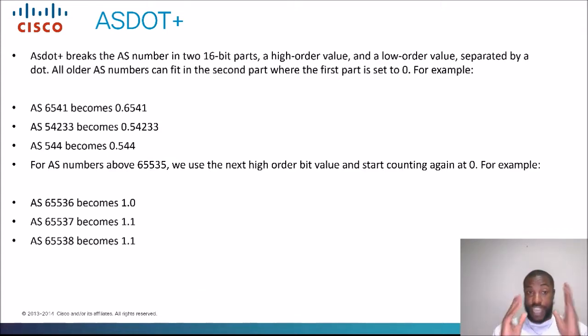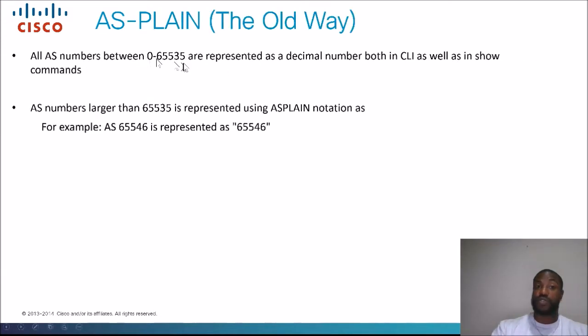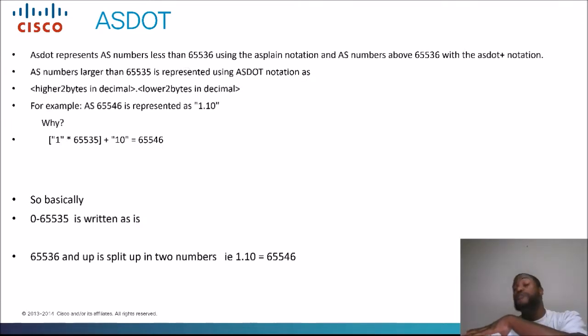Now, remember, we have the 2-byte AS numbers, which are written with this right here, 0 through 65,535, the old way, right? Anything beyond that are 4-byte numbers, right? So we run into this issue where we have old routers that can only support 2-byte AS numbers and new routers that support both 4-byte and 2 bytes, right?